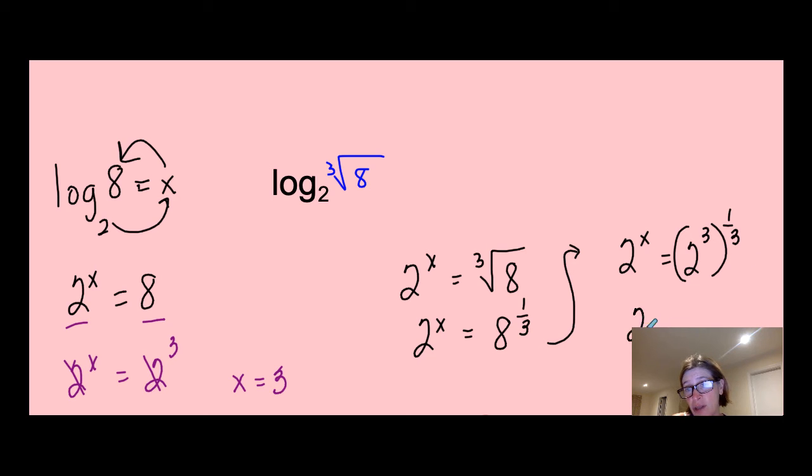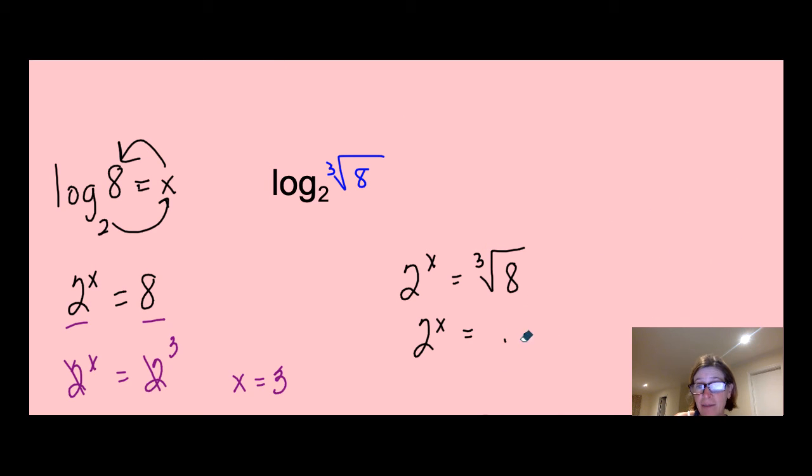And I could say 2 to the x equals 2 to the 1, because power to a power you multiply, so x equals 1. That's one way you could think about it. You could evaluate the cubed root of 8 right away and say that it's 2, and so 2 to the 1. So you're seeing multiple ways that you can come up with an answer. That's what we want on these tests. We want multiple ways to kind of approach a problem.